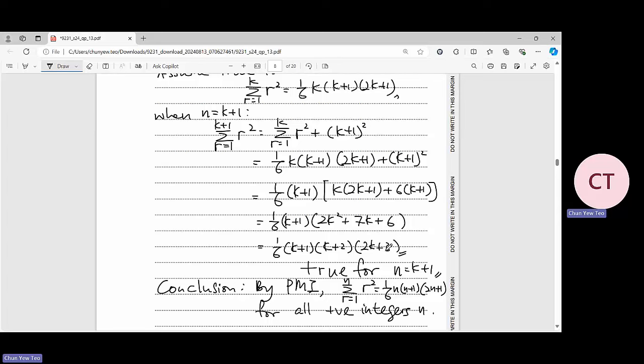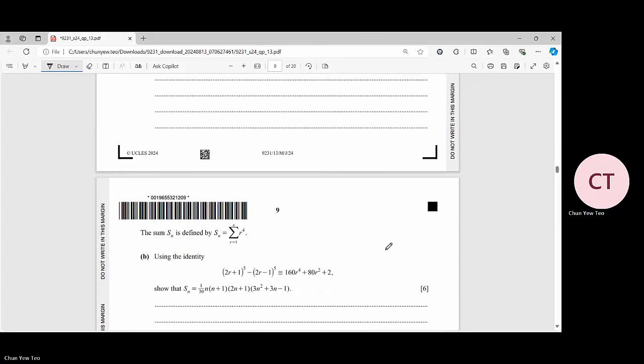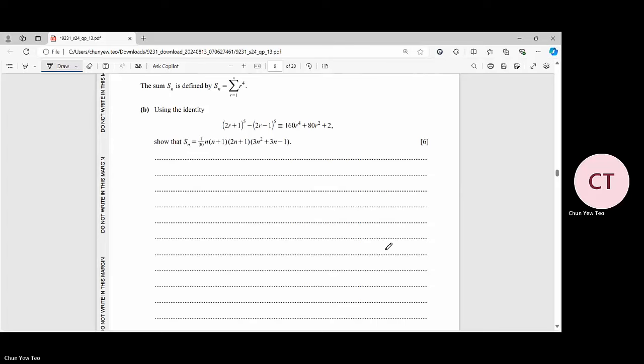Okay, so now we move on to 4B. In 4B, they're asking you to use this identity to show that this sum is equivalent to this. So this one looks a bit complicated. So what we can do now is we start from the equation here, which is 2r plus 1 power 5 minus 2r minus 1 power 5 is equivalent to this.